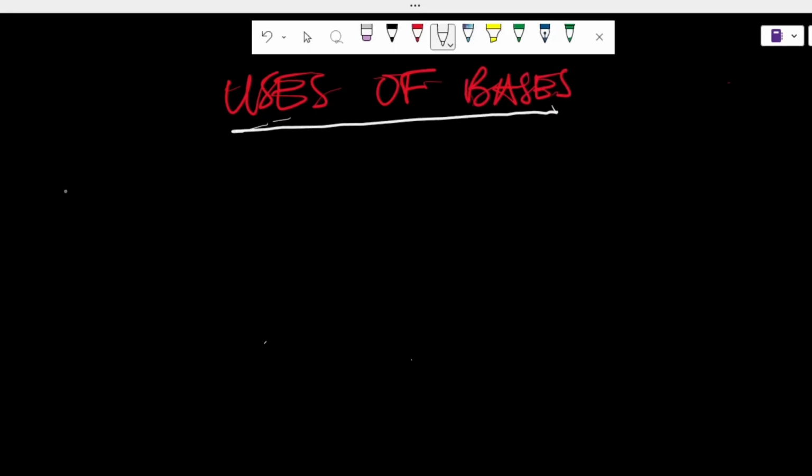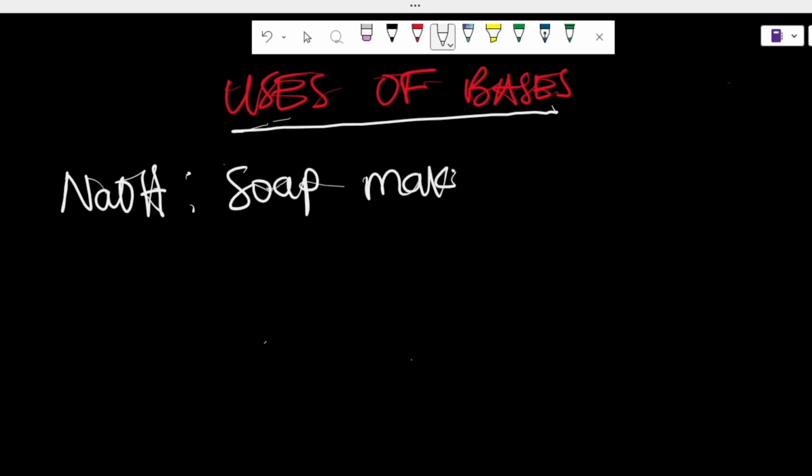For bases, you have, let's say, sodium hydroxide, and this sodium hydroxide is actually used in soap making. So when you're making soap, for the most part, you can use sodium hydroxide, and sometimes it can also be used in cleaning.